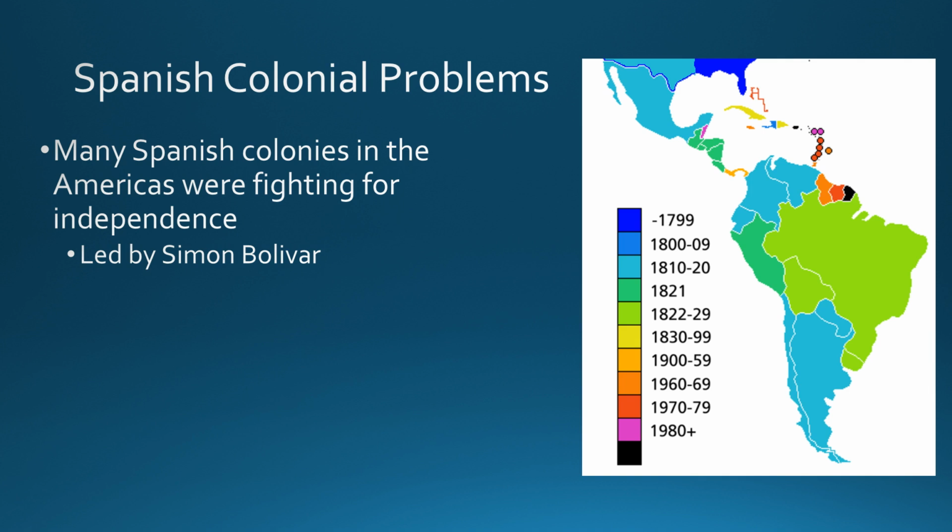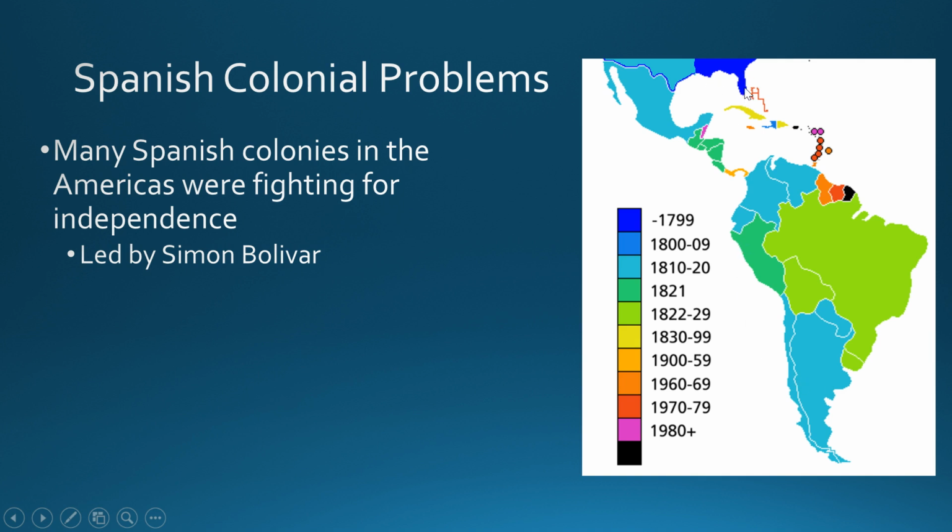If you look at this map, you can see the years many of these countries were gaining independence. It shows that the strength of Spain was waning, and it was struggling to maintain its old mercantilist empire. So you can see, even by 1821, all of these areas that you see in blue have already gotten their independence from the Spanish.